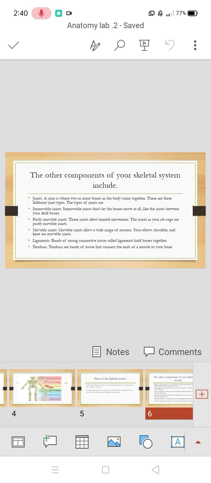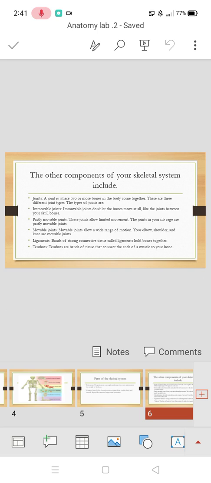Partly movable joints allow limited movement. The joints in your rib cage are partly movable joints. And we have movable joints, which allow a wide range of motion. Your elbow, shoulder, and knee are movable joints.